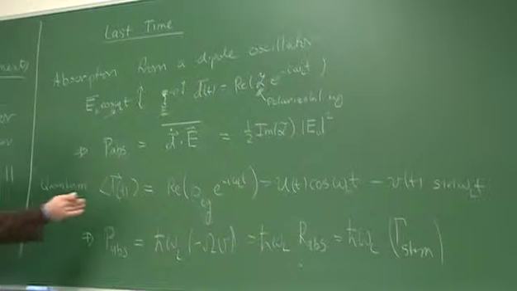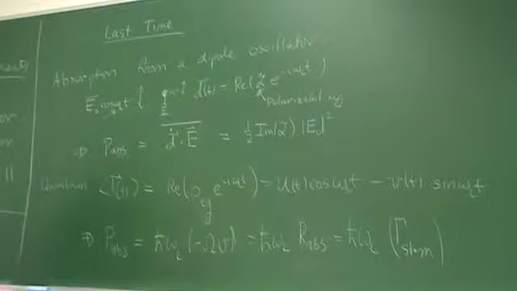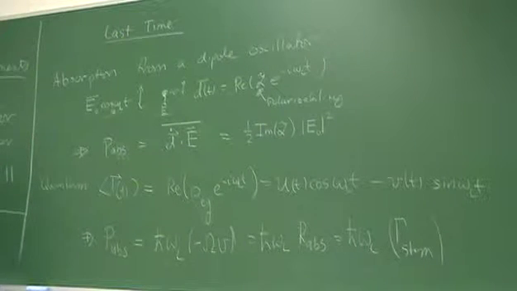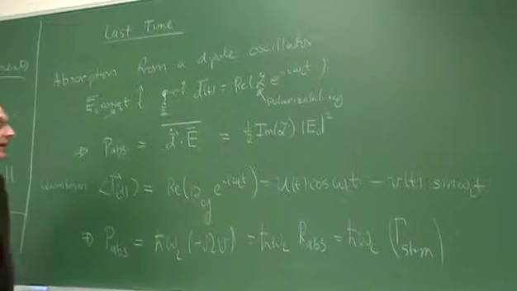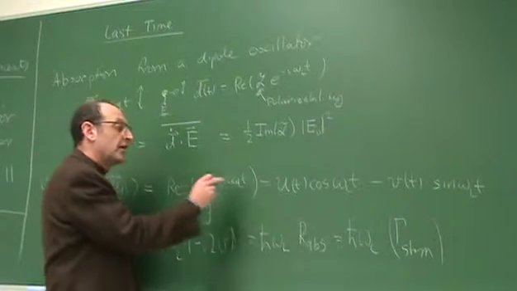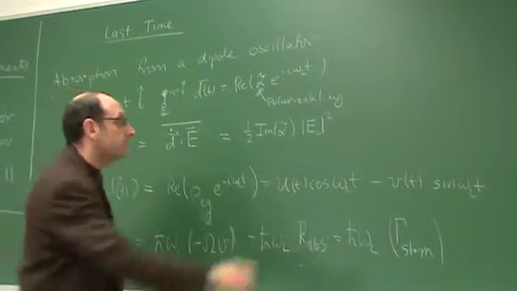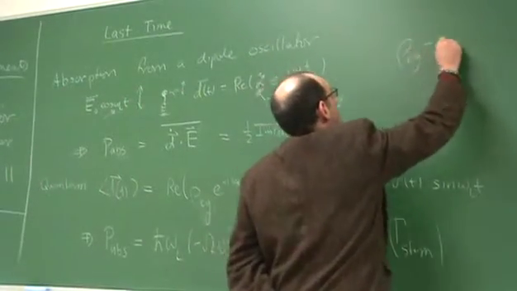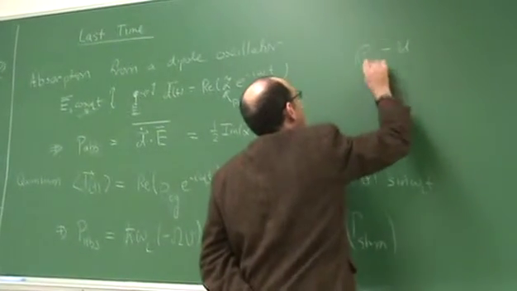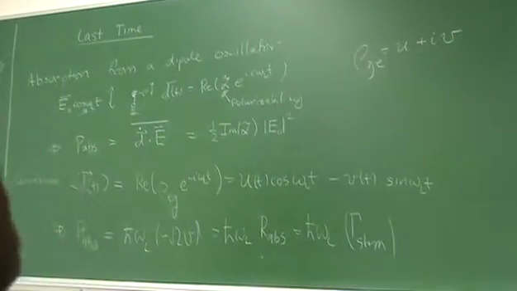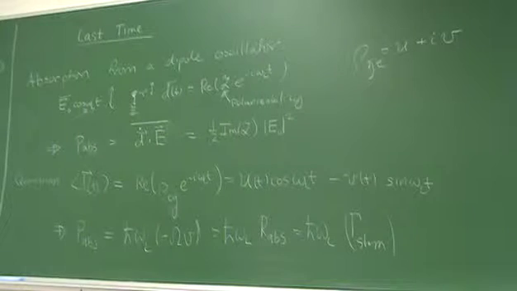And the induced dipole moment then is related to the coherences that are driven, which are representing the superposition of excited and ground states. And we define that in terms of the components of the Bloch vector. The off-diagonal element here was related to, in the standard jargon, rho_ge, which has a real and imaginary part. The real part is called u, and the imaginary part is called v.